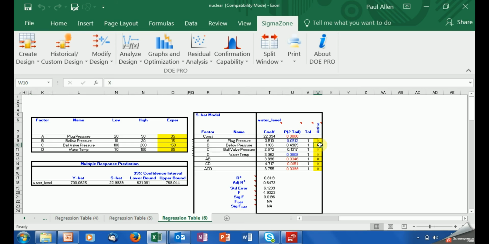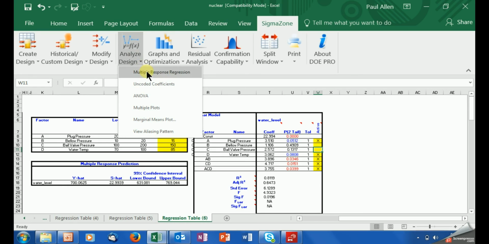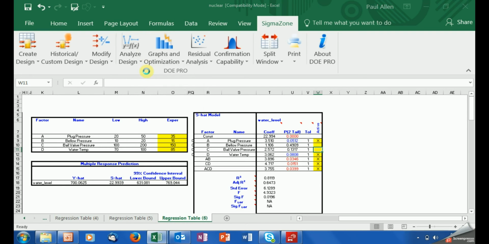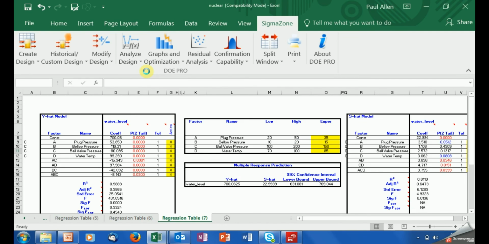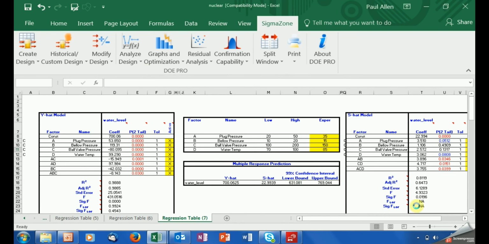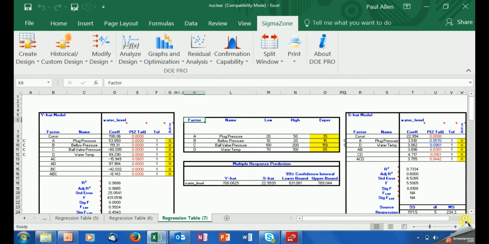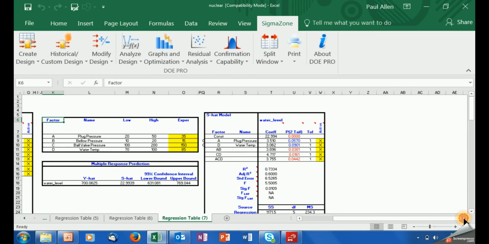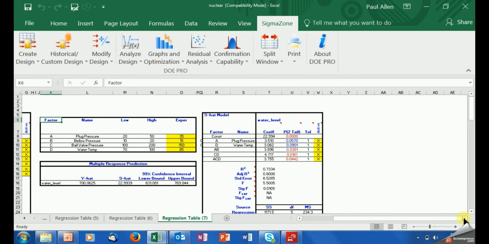Okay, that main effect clearly is not important. So those two are coming out. Okay, there we go, look. So what we've got, look, is just red or blue p-values. There's the S model.